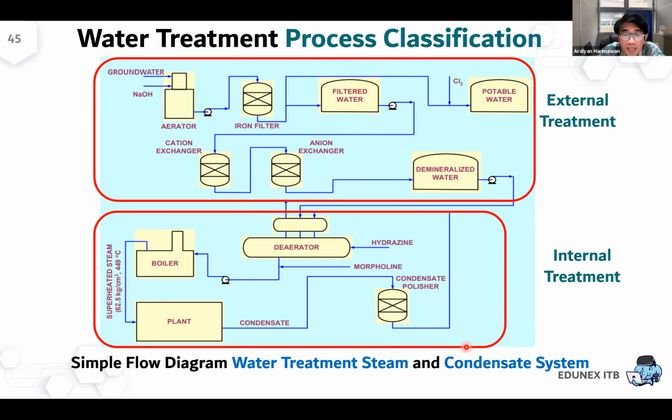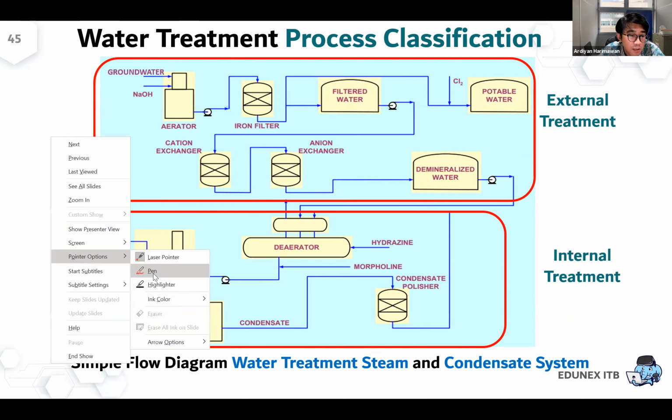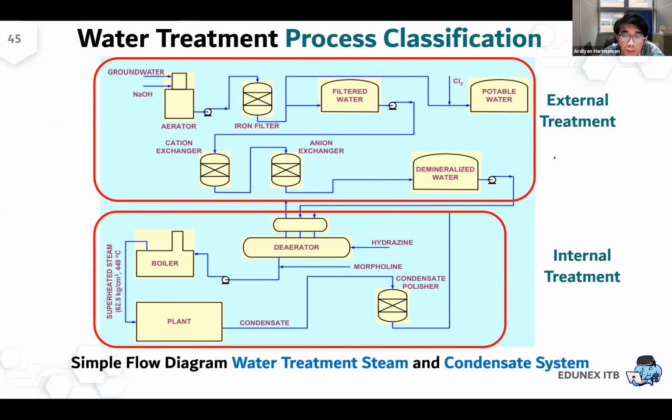External means it's outside the main process, while the internal is directly related to the process. When you hear about water treatment in general, it is the external treatment, because it's general water treatment, and sometimes it's not until demineralized, maybe just until potable water.